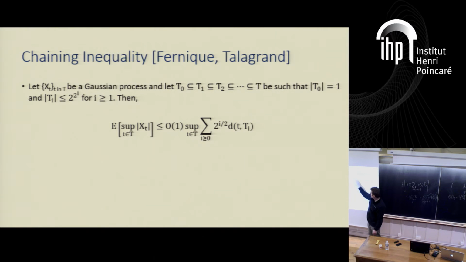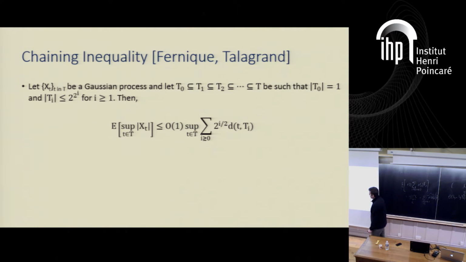This sequence is inside of this set of all indices T, and T0 is inside of T1, inside of T2, etc. The size of the first set is 1. The size of the i-th set is at most 2 to the 2 to the i. So you define these sets however you want, subsets of indices.